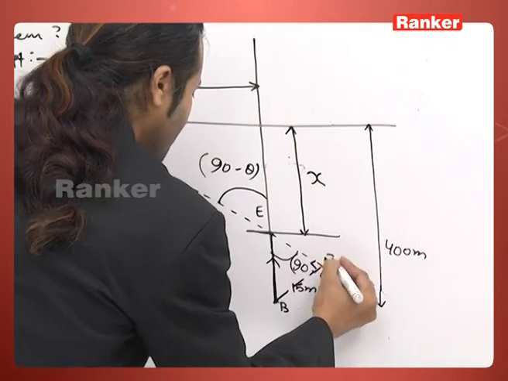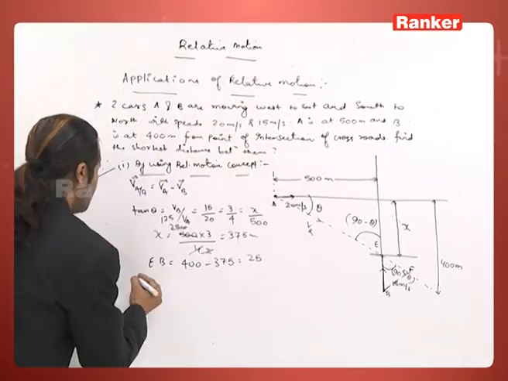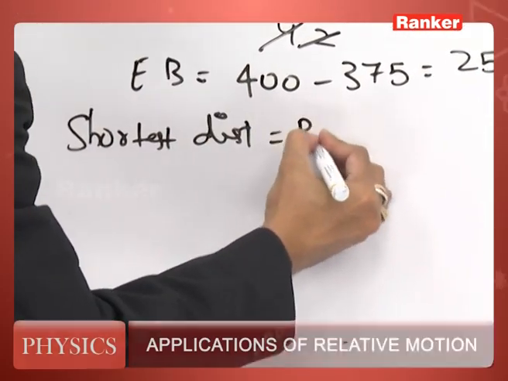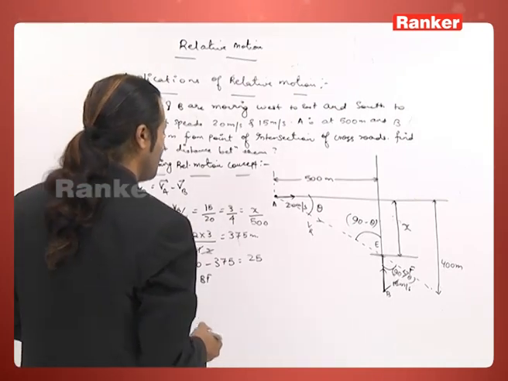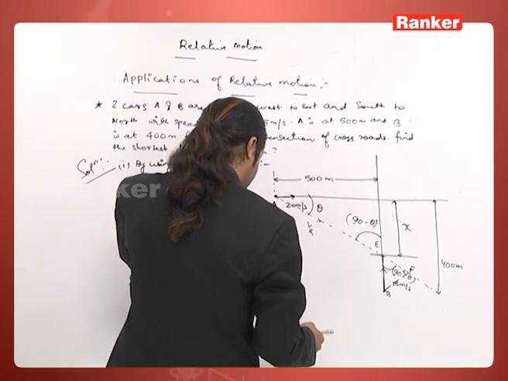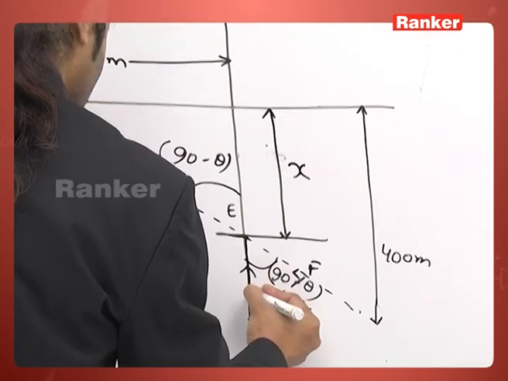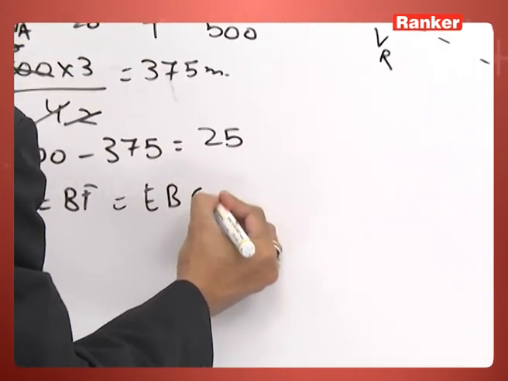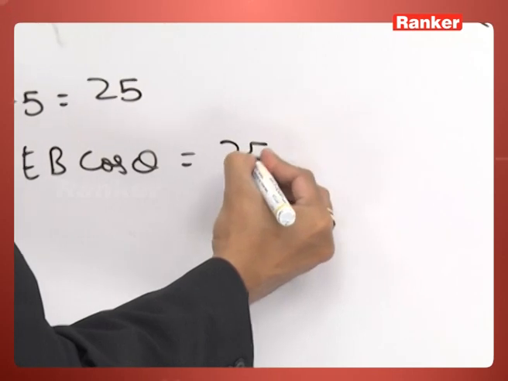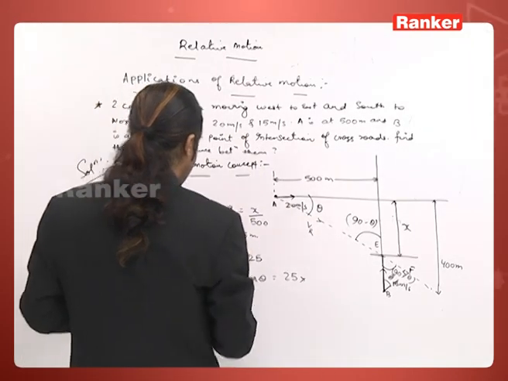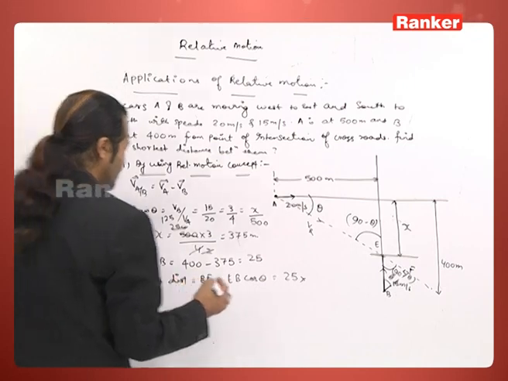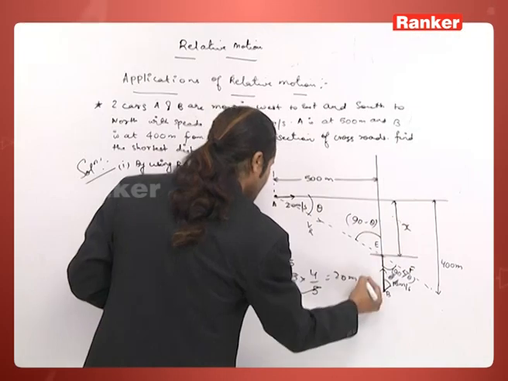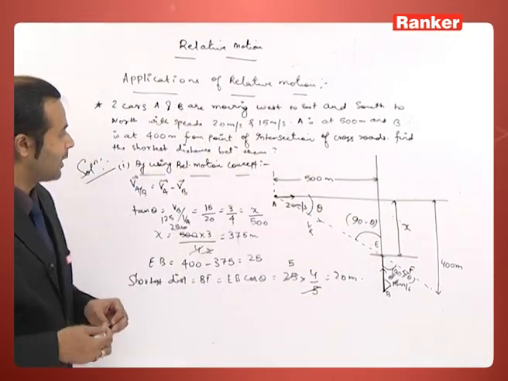So BF is the shortest distance, which will be nothing but EB cos theta. EB is 25, and tan theta is 3 by 4, so cos theta will be 4 by 5, giving 20 meter. So the shortest distance is 20 meter.